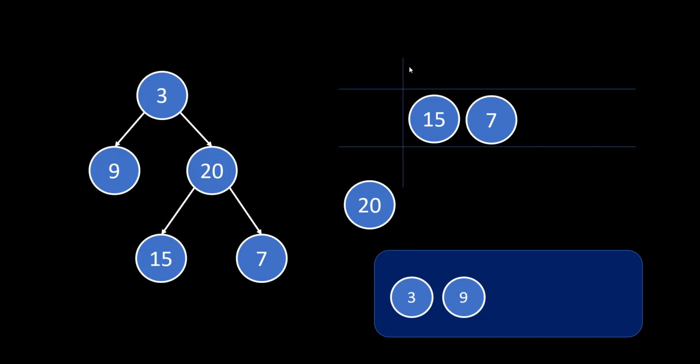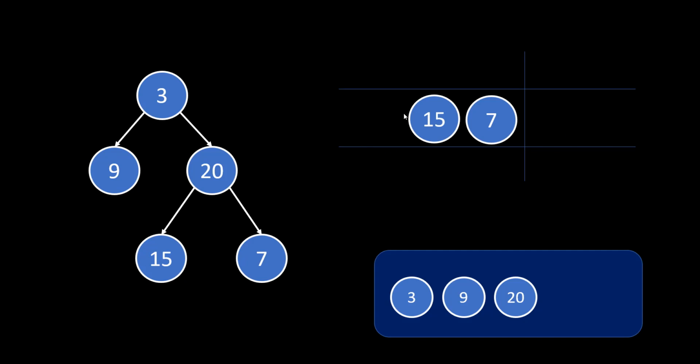Now what happened over here is that all the nodes from the previous level, or the level at which 20 was present, are processed. And now after this line we have the nodes from the newer level. So what we are going to do is take the size of that particular queue to mark the nodes in the next level.